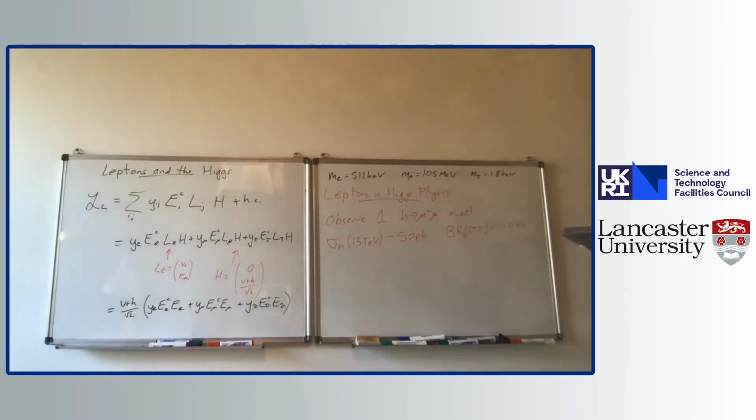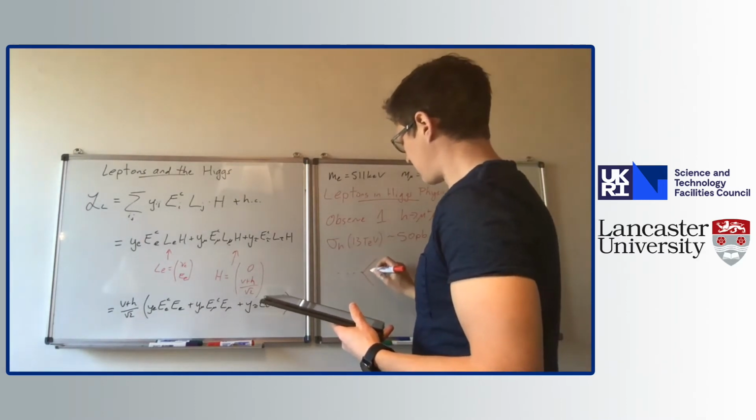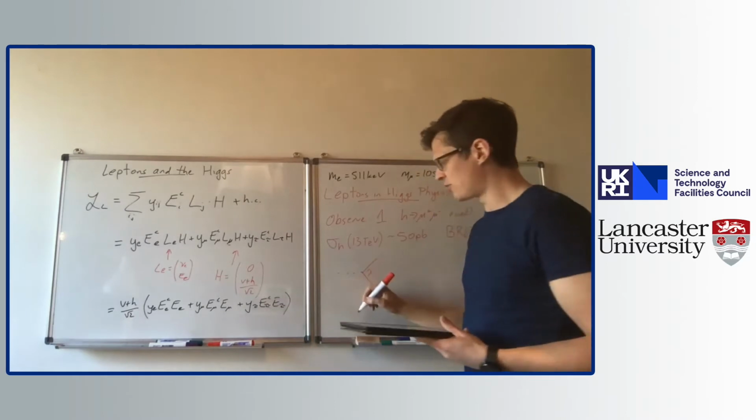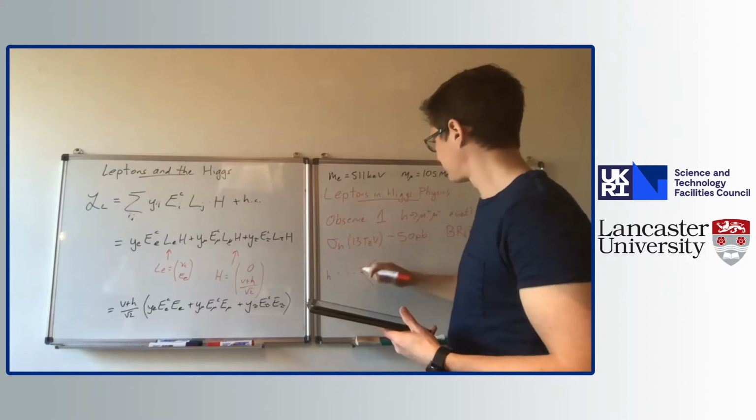Now we know that the decay of the Higgs to a pair of fermions is going to scale, the amplitude will scale as proportional to the Yukawa.